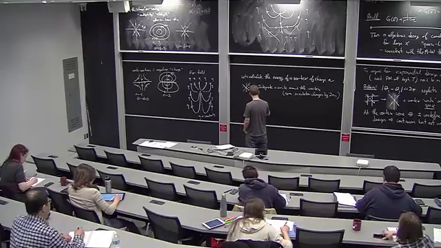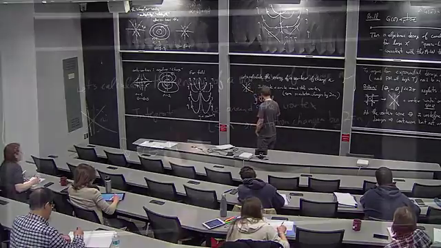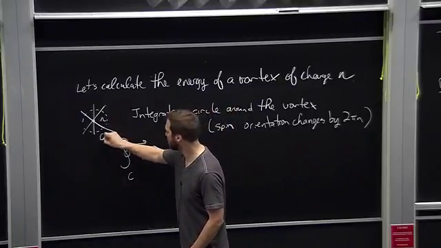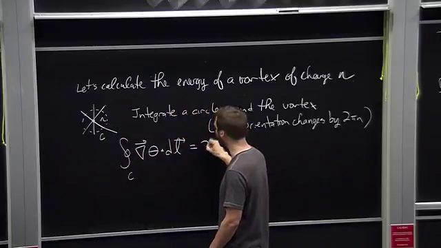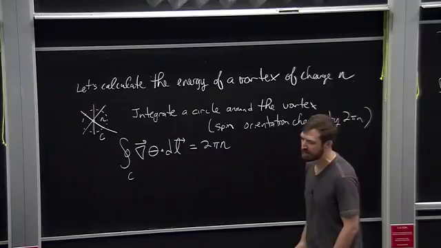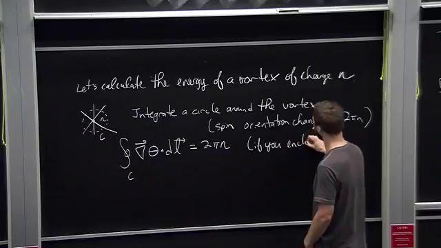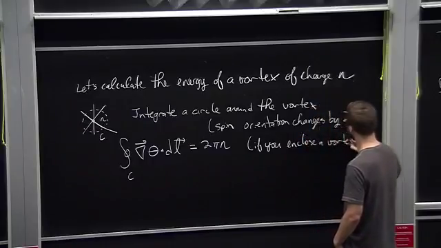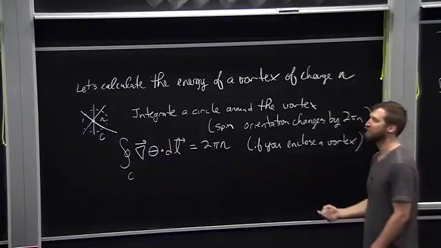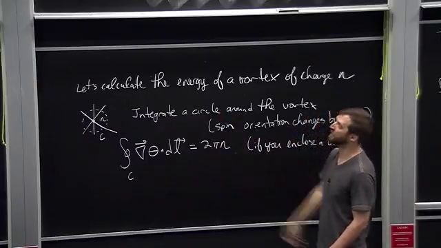So it should be the integral of grad theta dot dl, where L is the length of that path, that contour C. This should equal 2 pi times the charge of that field, 2 pi n, if you enclose a vortex. So that's the constraint on the field, basically, if you have a vortex. So I define a vortex with that winding number, and if I do that integral, that's what I get out.